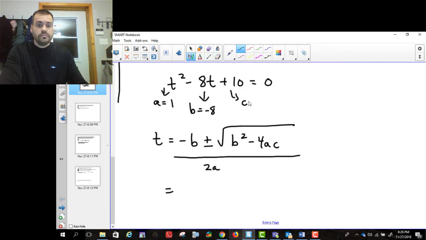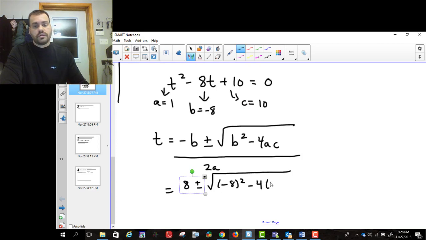So we're going to plug them in. We get minus b, which is 8, plus or minus the square root of minus 8 squared minus 4 times 1 times 10, all divided by 2 times 1. Oops, I want to write the a there, sorry.